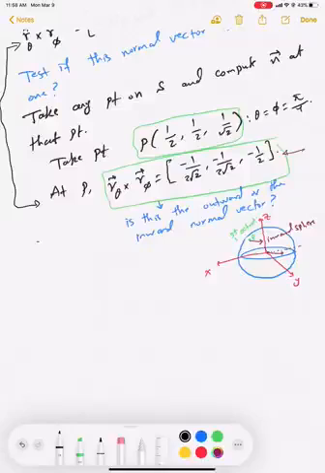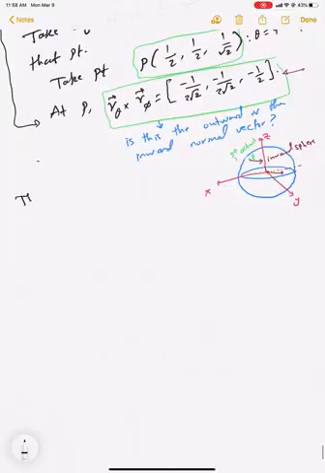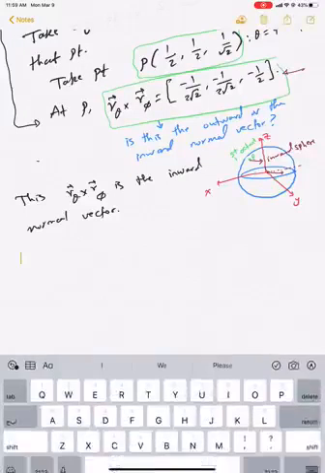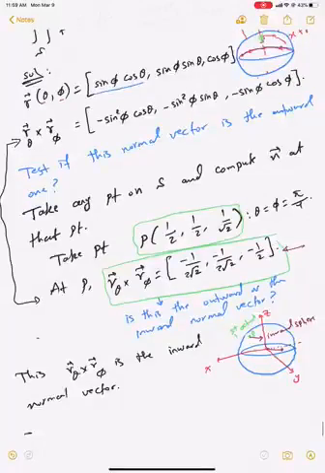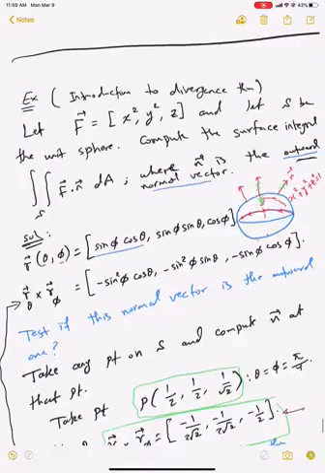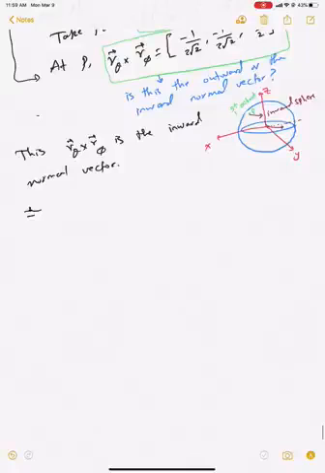So at this stage we decide, okay, this normal vector, this r sub theta cross r sub phi, is the inward normal vector. And this is not what we are interested in. Because we are interested in the outward normal vector, in my case, we take the normal vector as r sub phi cross r sub theta.